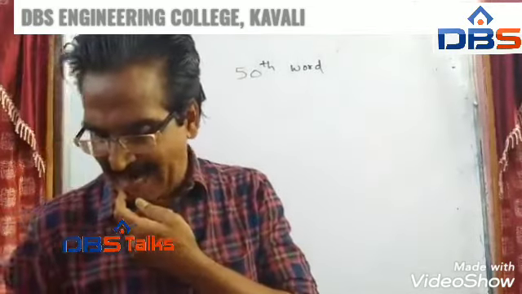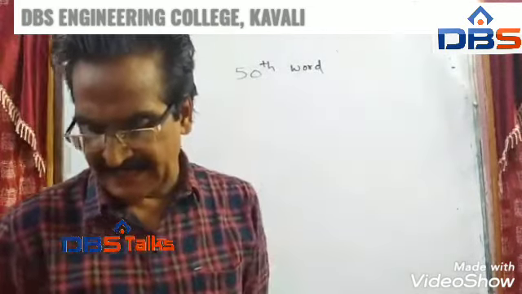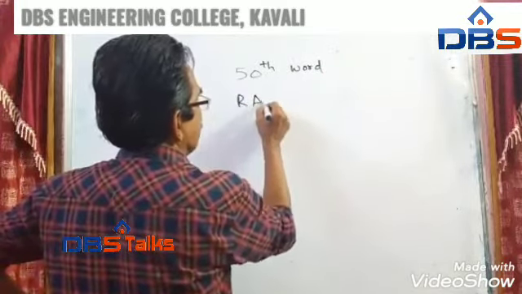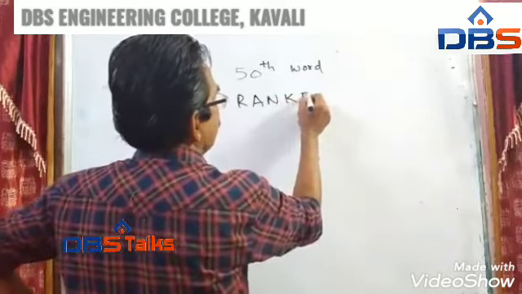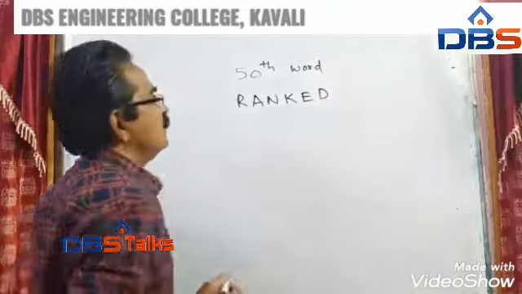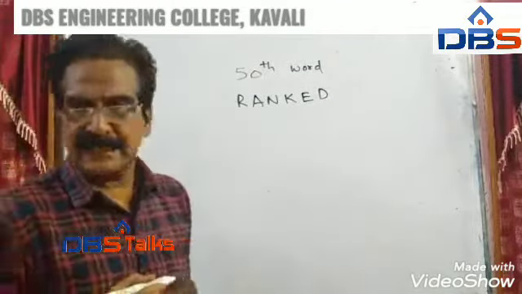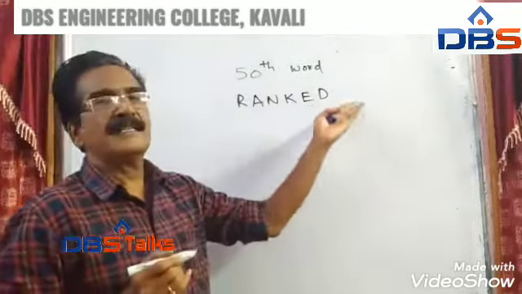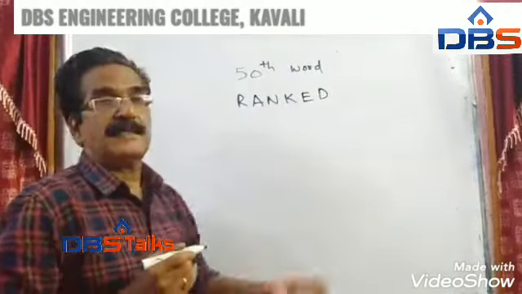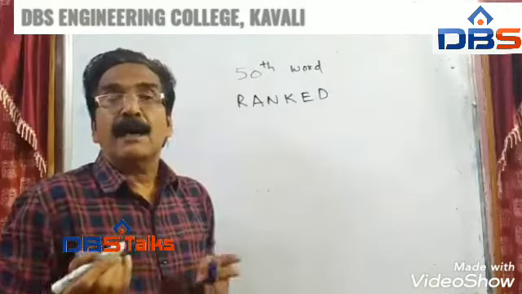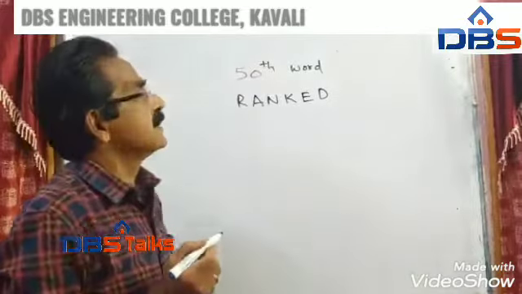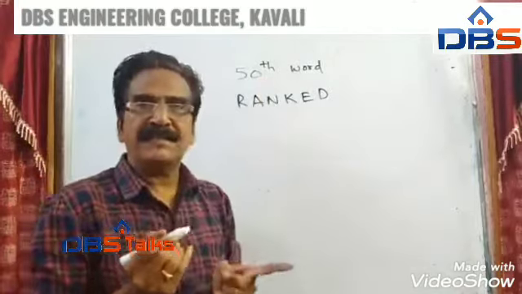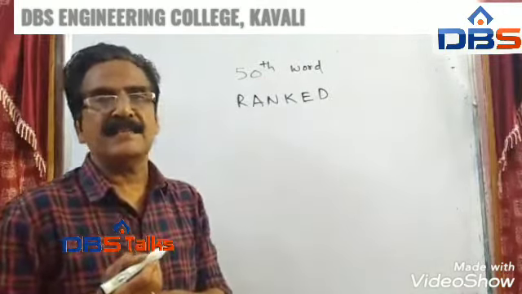If the letters of the word RANKED are arranged in dictionary order, what is the 50th word? Actually, all these are 6 different letters. We will get 6 factorial, that is 720 arrangements. Out of these 720 arrangements, what is the 50th word?